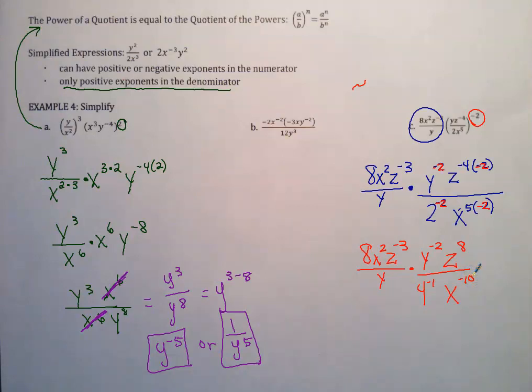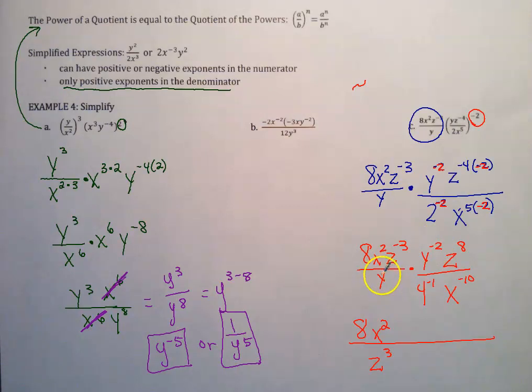Now we have all of them in fractions. We've got some positive, some negative. Let's just write the fraction. Does the 8 stay above in the numerator? Does the x squared stay in the numerator? Yes. Okay. Does the z to the negative 3 stay? Okay, let's move it. Sorry, then it would be to the positive 3. Does that make sense? We can just move them? Or am I taking too big of a leap? Okay. Y to the negative 2? Okay, time out.